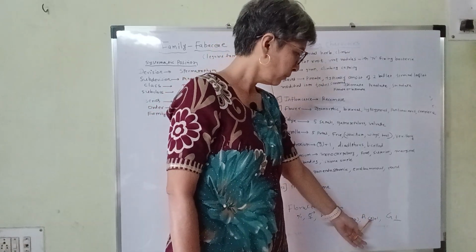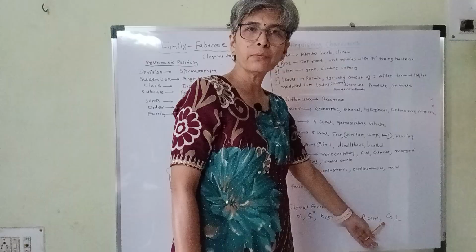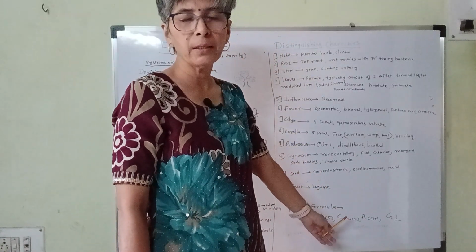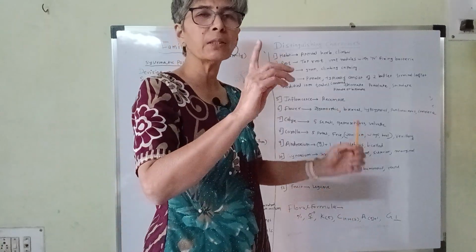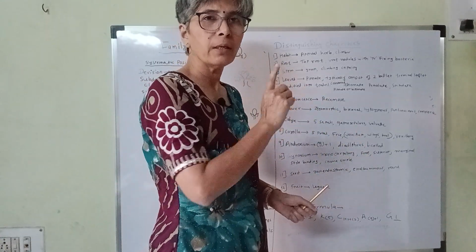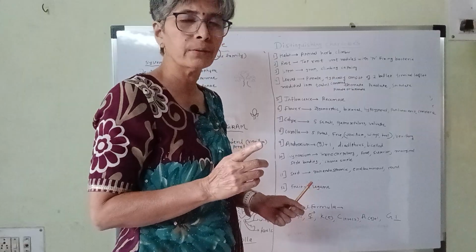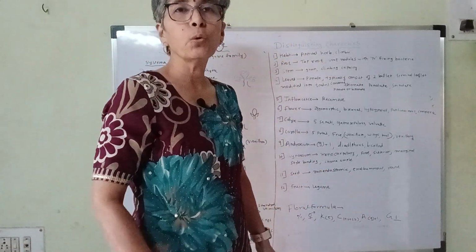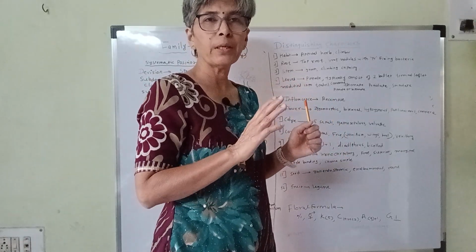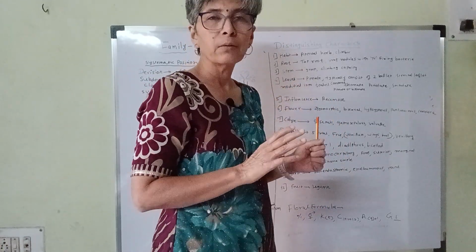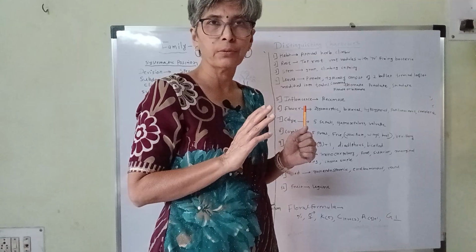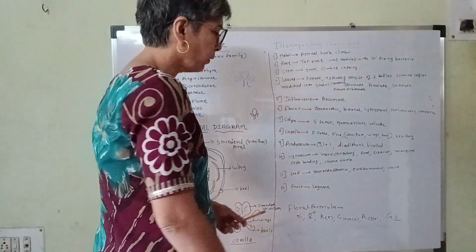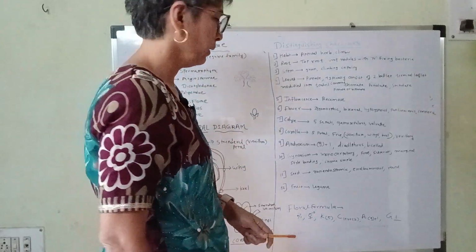Androecium, 9 plus 1. Put 9 in bracket because they are in one group. Only one stamen is free in this family. Okay, students? Gynoecium is monocarpellary, superior and with marginal placentation. Okay, this is about floral formula of Fabaceae family.